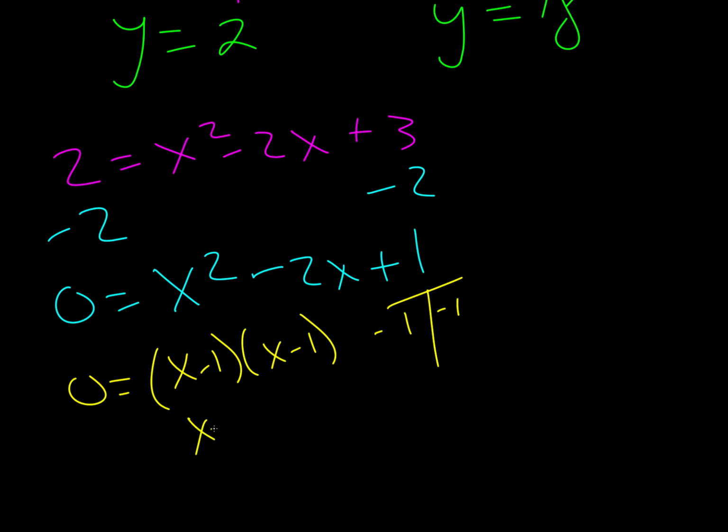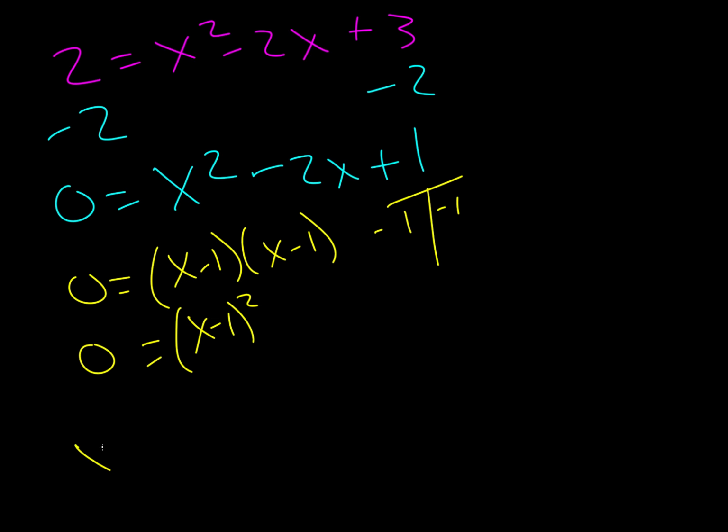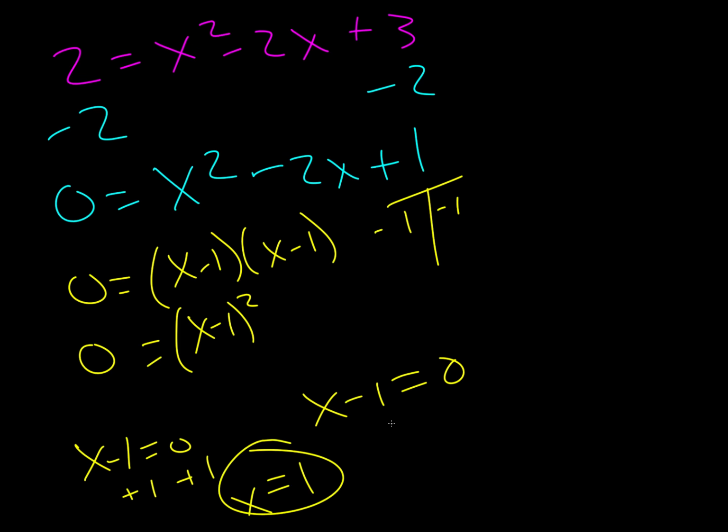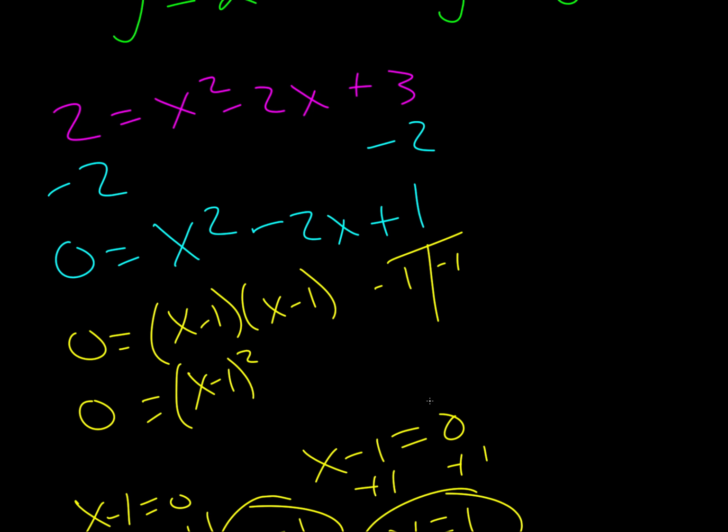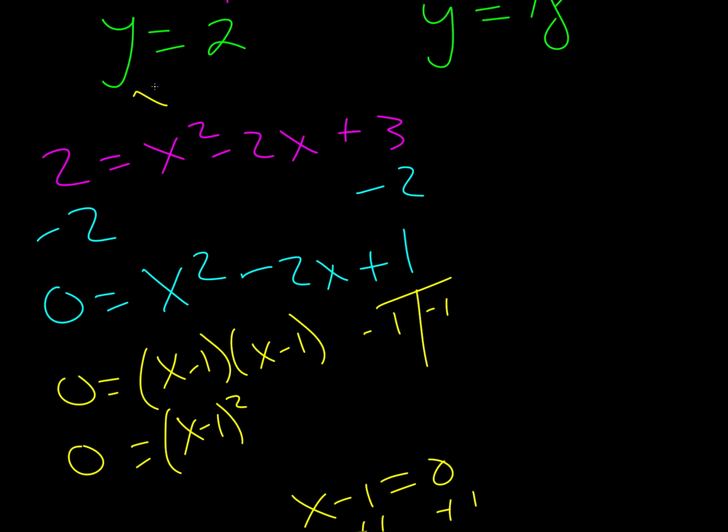We could combine those, rewrite it as x minus 1 squared, or either way, we're going to create x minus 1 equals 0, add 1, x equals 1. Obviously, this is the same equation, so we'll get the same answer. Okay, so when x equals 1, y equals 2.